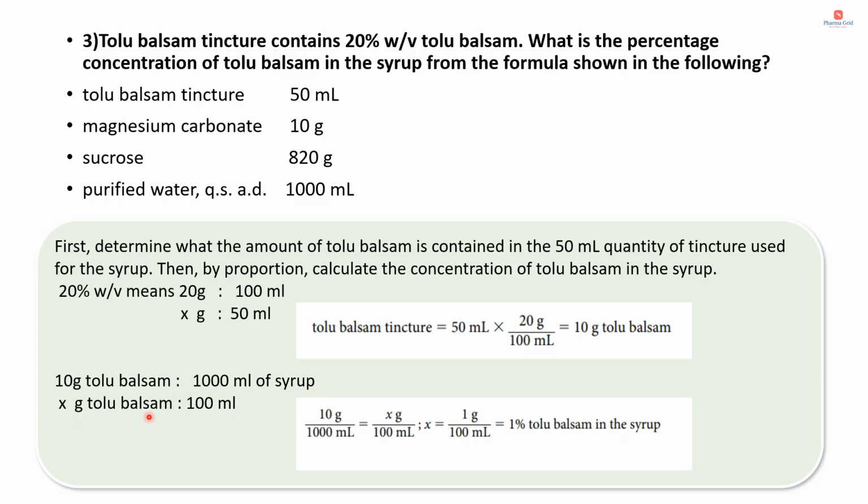So take it as x gram tolubalsam. Find out the value of x again by cross multiplication. That is 10 into 100 divided by 1000. That is equal to 1 gram. That is 1 gram tolubalsam is present in 100 ml. That is the percentage concentration is 1%. That is the percentage concentration of tolubalsam in the syrup is 1%, which is the answer.